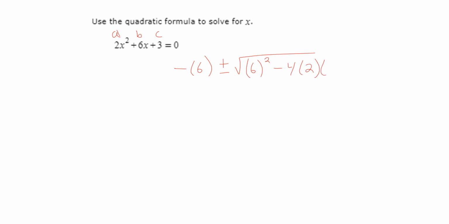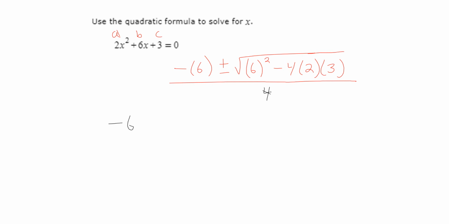Okay. So 2 times 2 is 4. So we get negative 6 plus or minus, okay, 36 minus 24, that's 12. Looks like that one's going to reduce again.